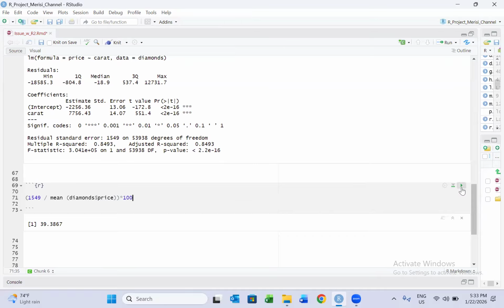Well, this is 40%, guys. The coefficient of variation is 40%, way above the 20% threshold. So because the coefficient of variation is so large, the RSE is also large. That's the way you interpret RSE. Large coefficient of variation, way above the threshold of 20%, then RSE is large.